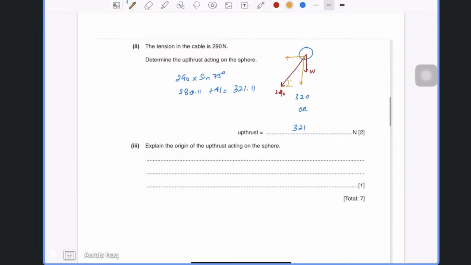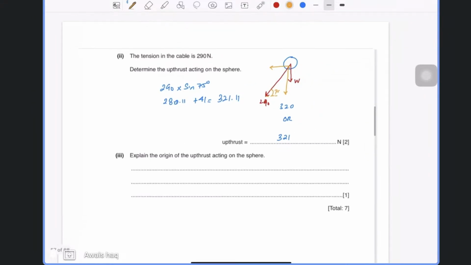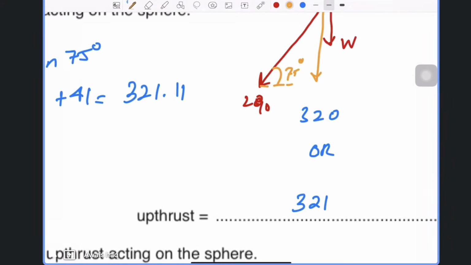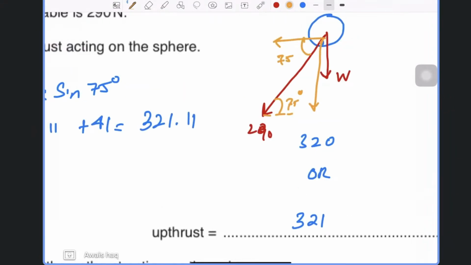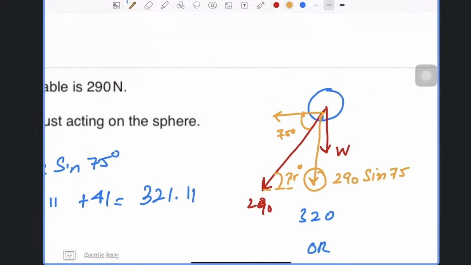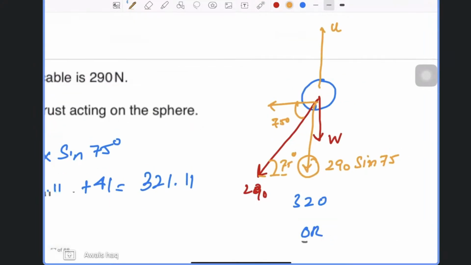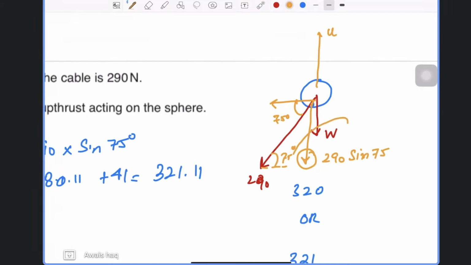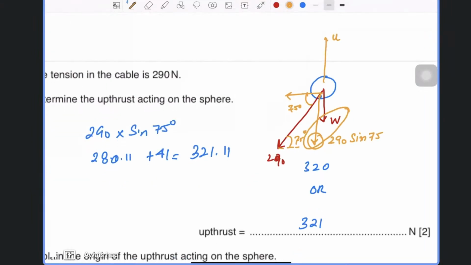Because this was 75, then obviously this is going to be 75 as well. So this vector of the tension should be 290 sine of 75, and the upthrust is up, right? Because it is balanced, these two forces are down, so I added the component of tension sine theta plus weight, and that would give me the upthrust. Do you guys understand this?